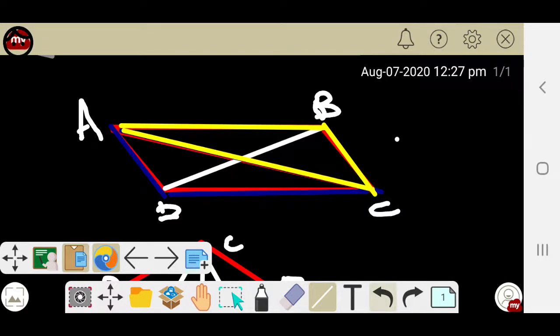So there are two triangles. The sum of angles in one triangle is what? 180. So in a quadrilateral there are two triangles, so the total sum of angles is 360.